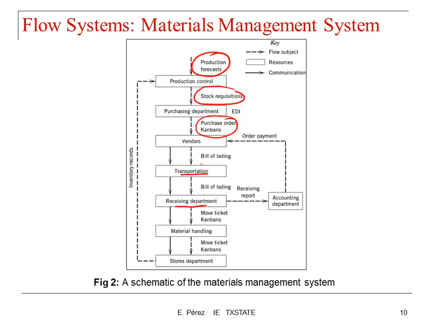Transportation, you're going to receive those items, and the accounting department is going to be making the payment to the vendors. And we're going to take those items and put them into storage. Those are the materials that we're going to need to start our production. So those are the raw materials, and that's part of the materials management system.